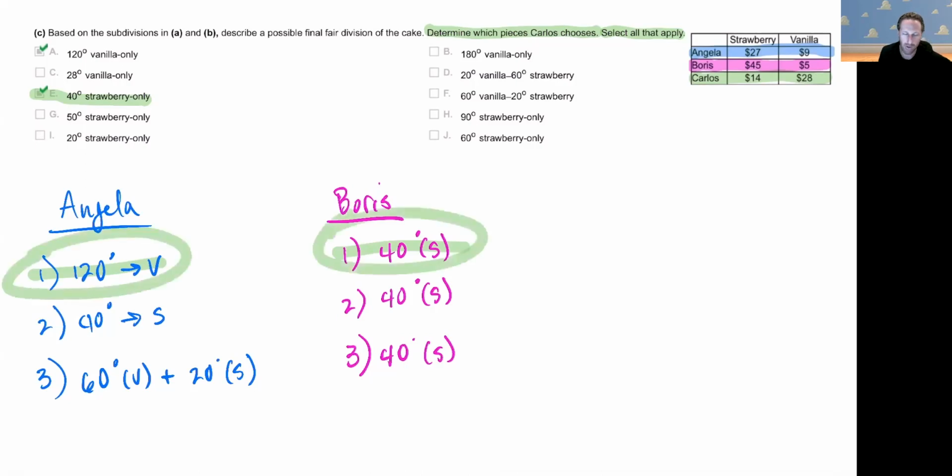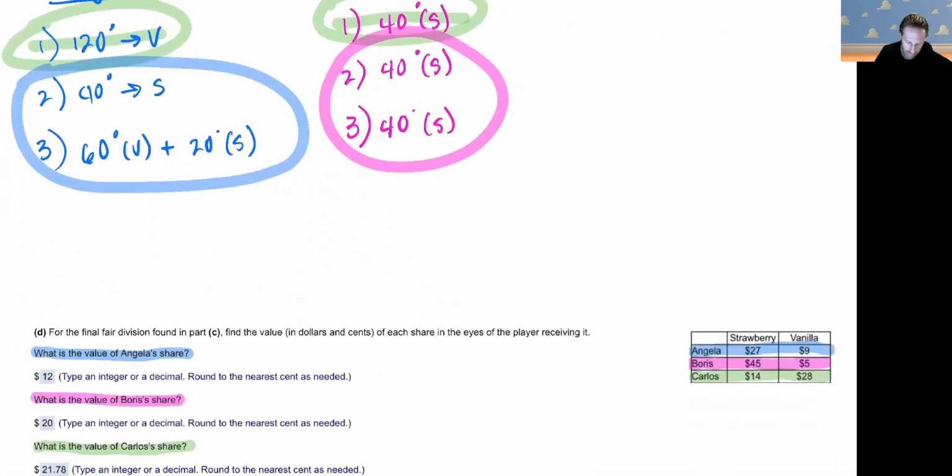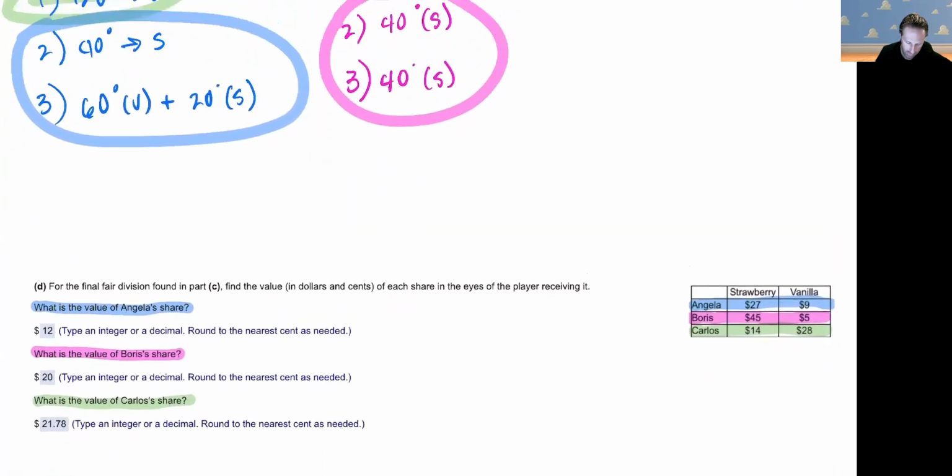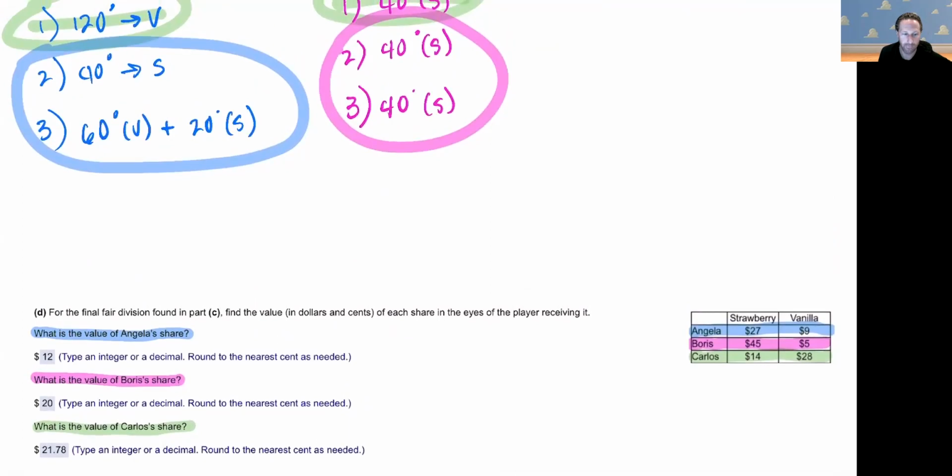We can see what Carlos is going to end up with, and therefore we should also see what Boris and Angela end up with. And so part D here is going to ask us to break those numbers down and see what, according to them, the values of each of those things were. Okay, so now we got to go and do a little bit more math instead of just logic again.